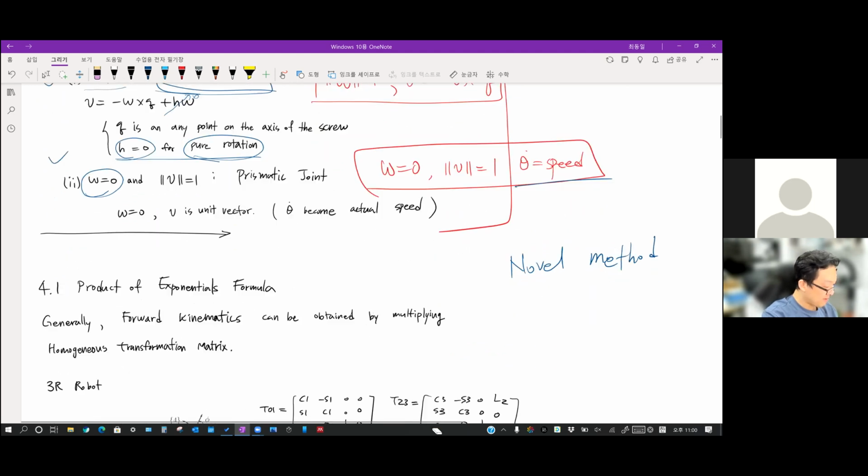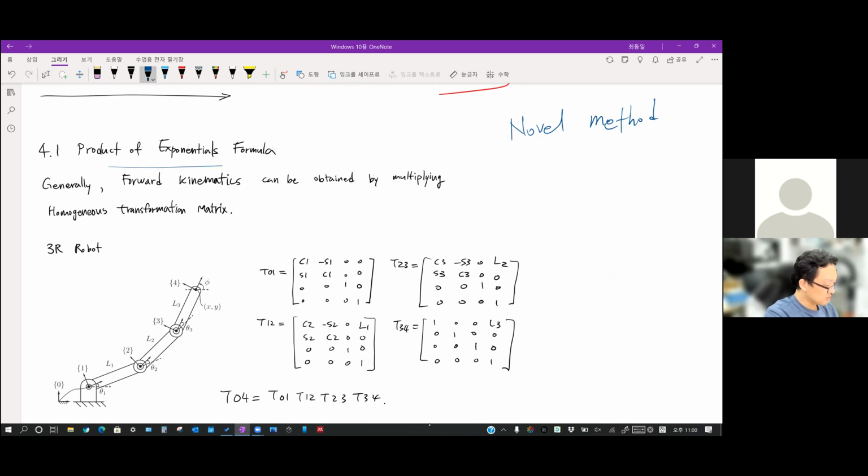So let's start with the product of exponentials formula. In the previous approach, we usually found forward kinematics by multiplying homogeneous transformation matrices. We calculated the relative transformation from 0 to 1, and then the homogeneous transformation from 2 to 3.